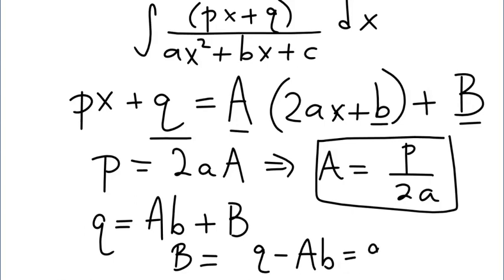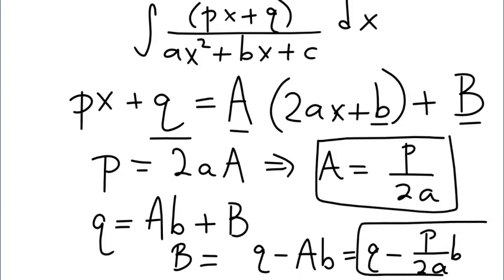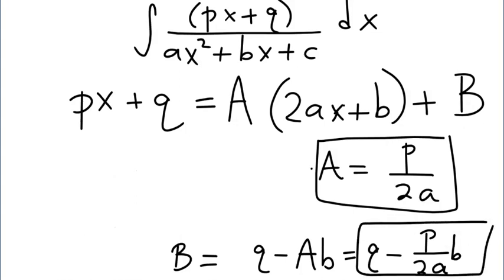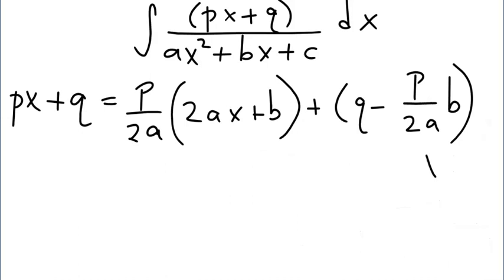And since we have already found capital A, that is p over 2a, and then times little b, so this is capital B. So substituting A here and capital B there, we get the following.